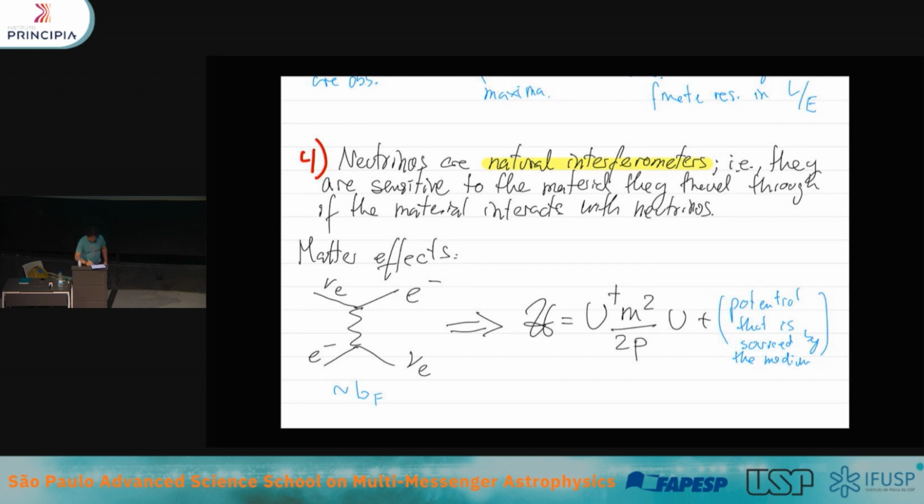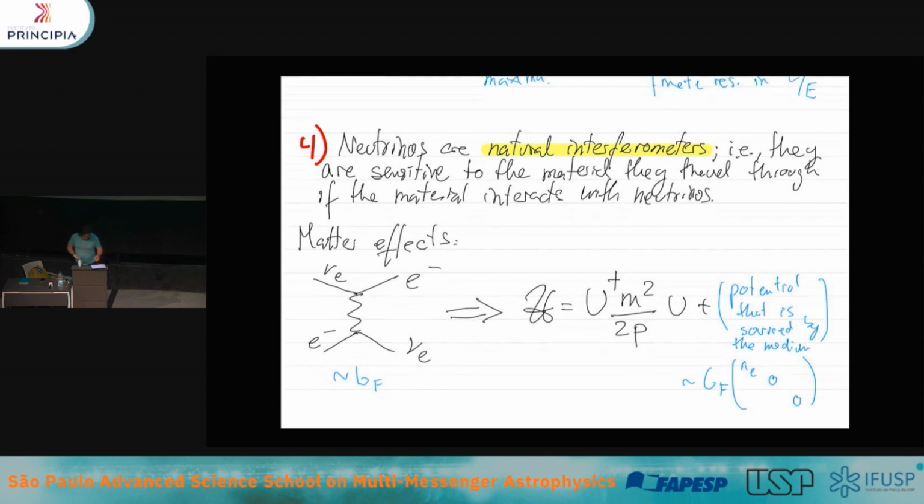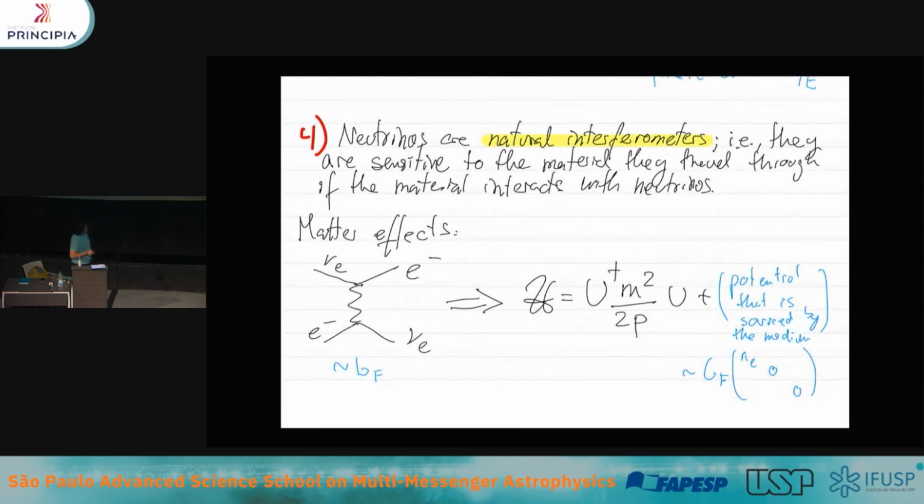So this term here is going to be something like G Fermi times the number of electrons, and zeros in the other flavors, because there are no muons or taus abundantly in nature or in a stable fashion. And so the neutrino eigenstates, or the neutrino energy levels, are modified by these, and these are known as matter effects.